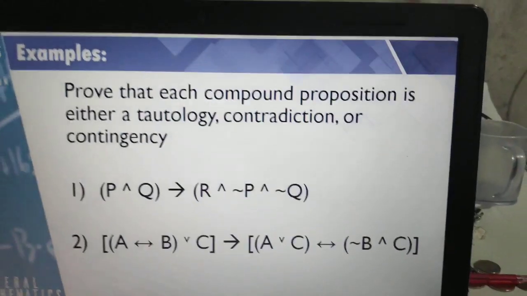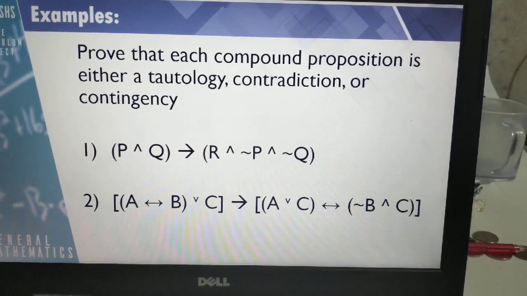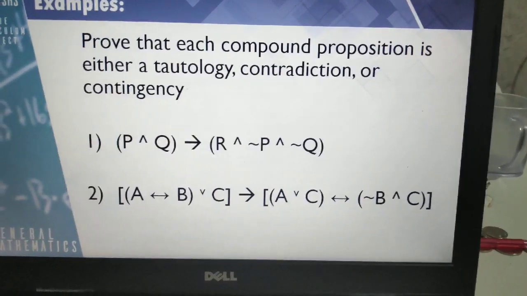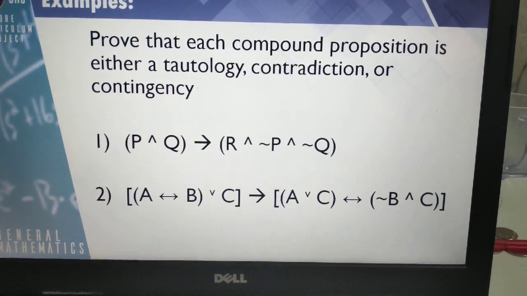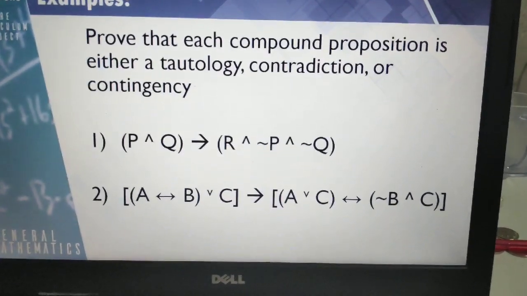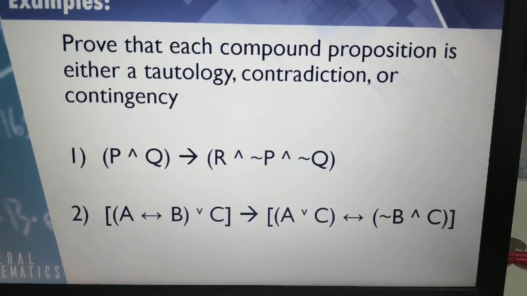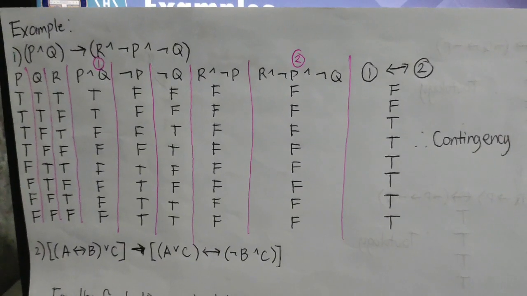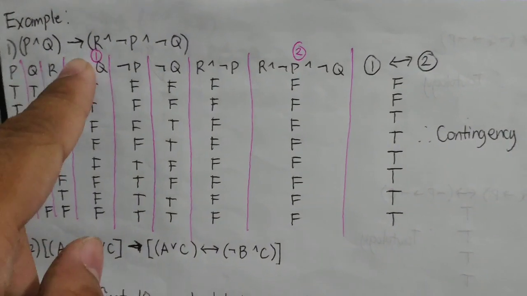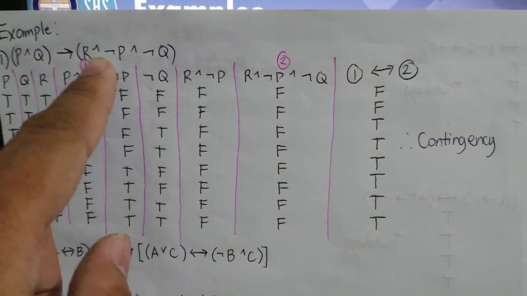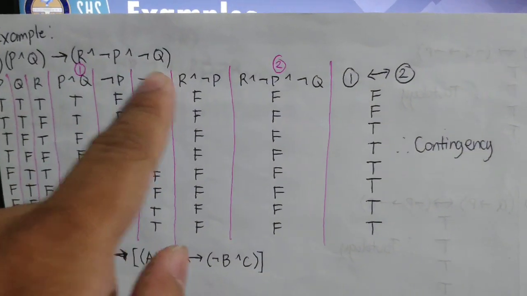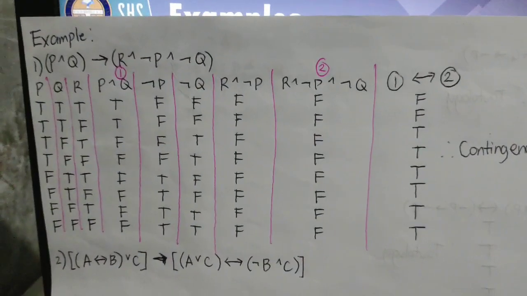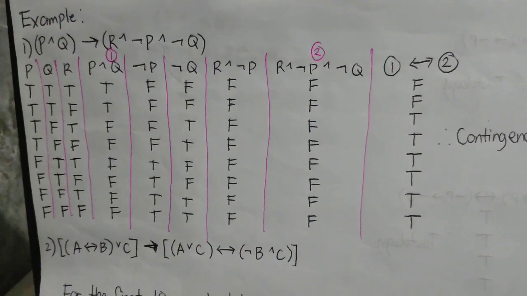Now, for the last examples, you need to prove whether each compound proposition is a tautology, a contradiction, or a contingency. So let's start first with number 1. You have P and Q implies R, and the negation of P and the negation of Q. So you will be dealing with 3 primitive propositions.